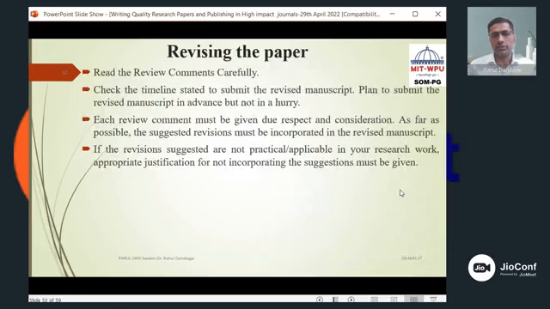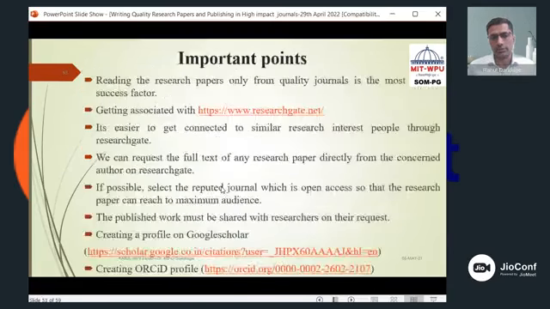While we are going for revision, the review comments should be read carefully. Try to understand the opinion of the reviewer, and then respond. Try to incorporate all the changes mentioned, and if we cannot incorporate something, we should politely justify why this suggestion cannot be incorporated into our manuscript.